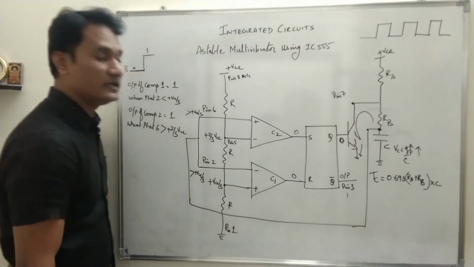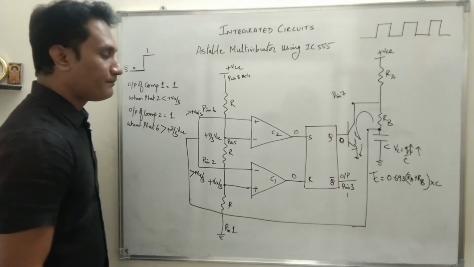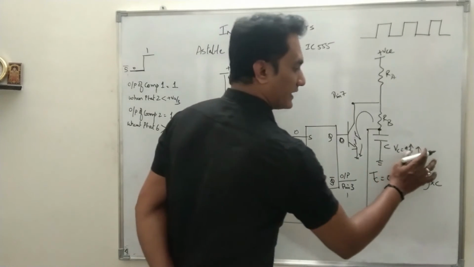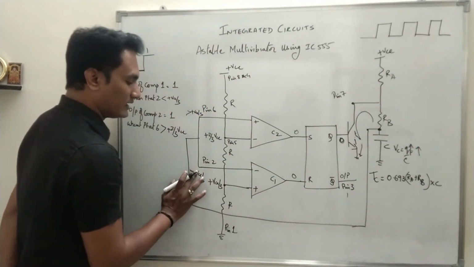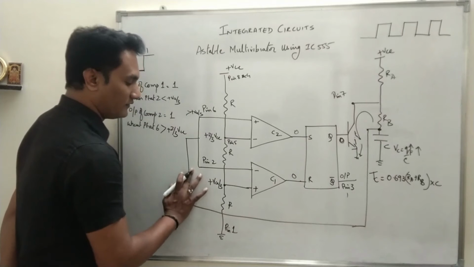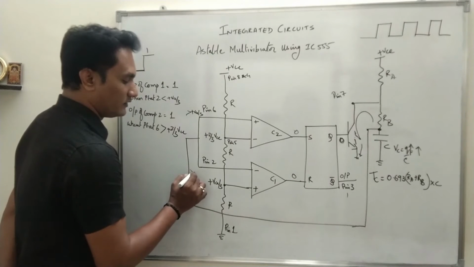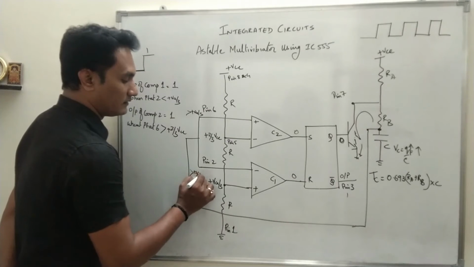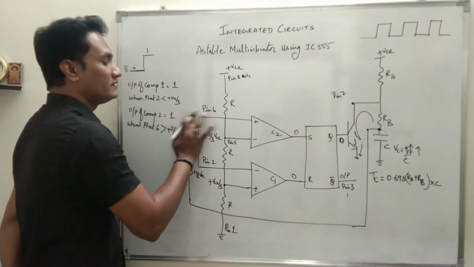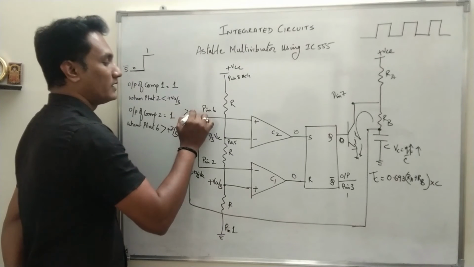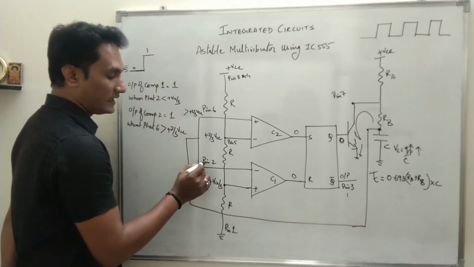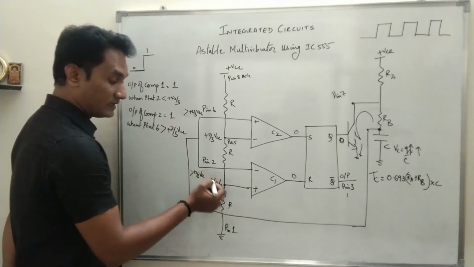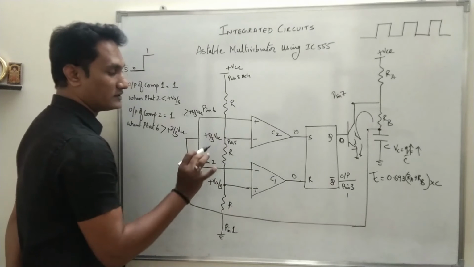Okay, at some point the capacitor potential will be greater than plus 2 by 3 of VCC. So it will be same for both, plus 2 by 3 of VCC. So at this point what happens is, again potential at pin number 2 is greater than plus VCC by 3, the output will be 0.